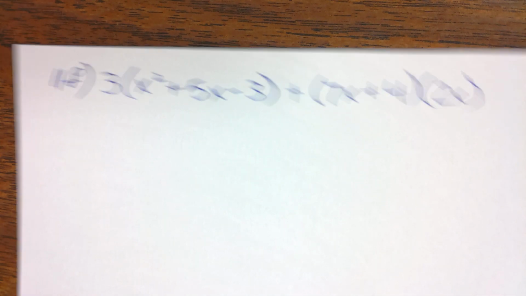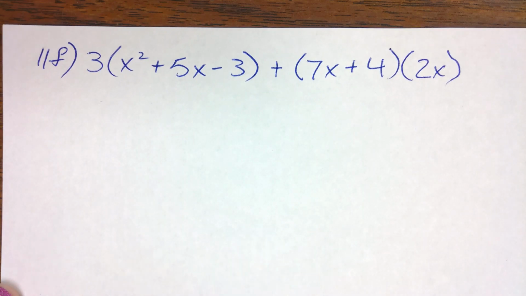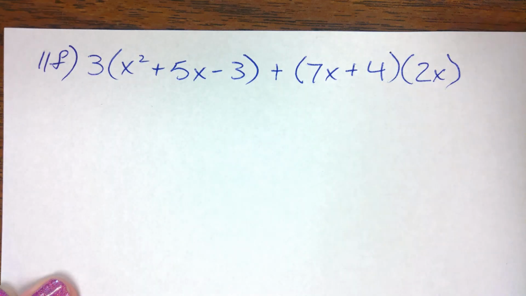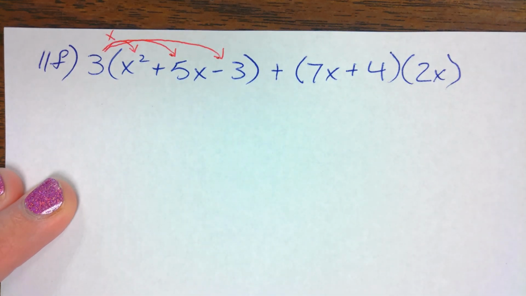Okay, so first off, what am I going to do with that 3? Right, plug it in. How many times? 3 times, because there are 3 terms inside the bracket. So multiply, multiply, multiply.